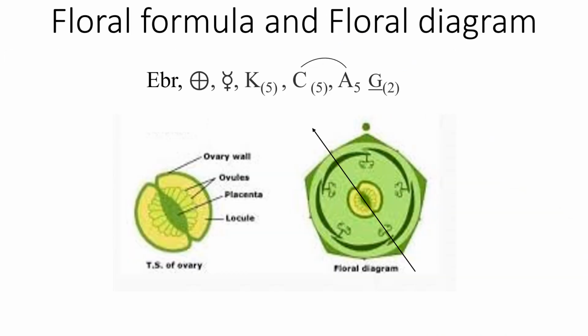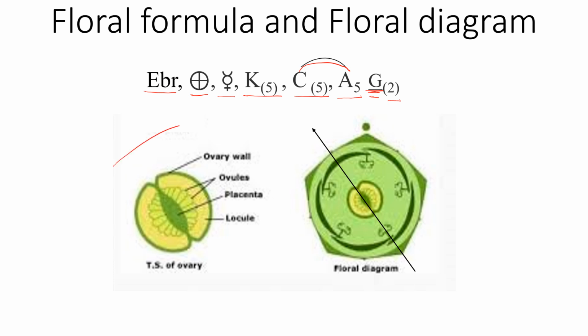Let us understand the floral formula. This condition is ebracteate, actinomorphic, bisexual, sepals 5 and gamosepalous, petals 5, gamopetalous, stamens 5, epipetalous condition, carpels 2, syncarpous, and the superior condition is there.